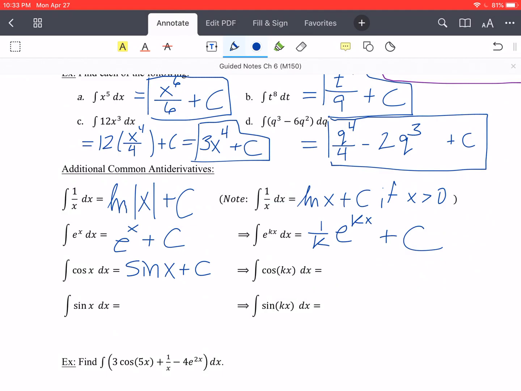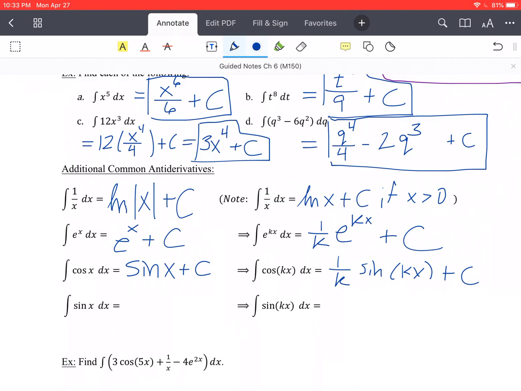Similarly, if we have cosine of kx, that extra constant inside the function, we can just divide by k to undo its effects, plus c. So if you have that constant multiple inside the function, you can divide it away to undo its effect on the antiderivative.